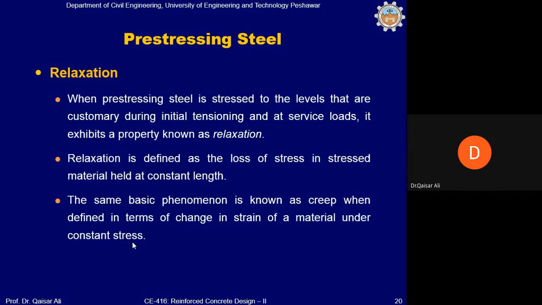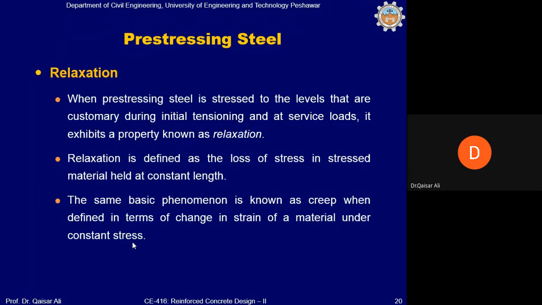Quite opposite to this, a phenomenon known as relaxation occurs in steel, when steel is stretched and left for a long time in the stretched position. You know that stretching will produce strain in steel.